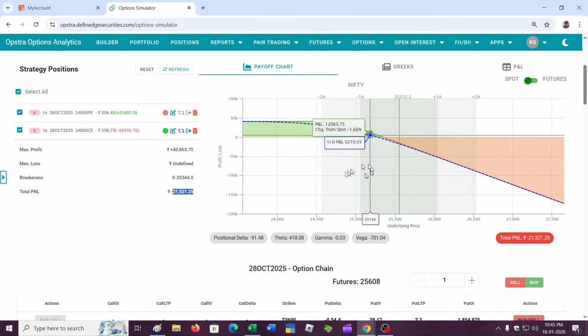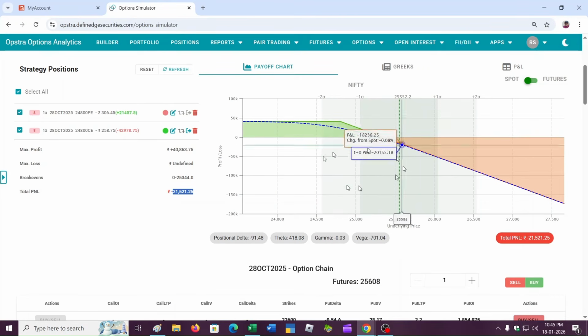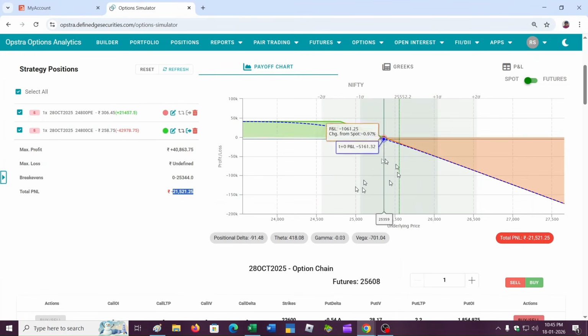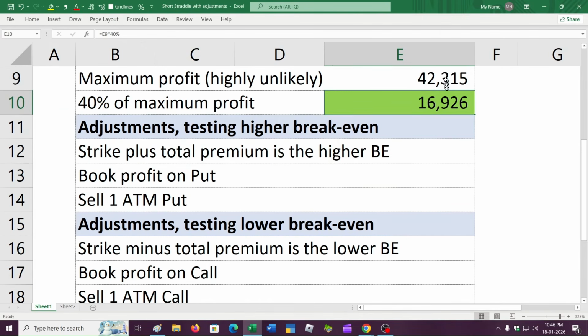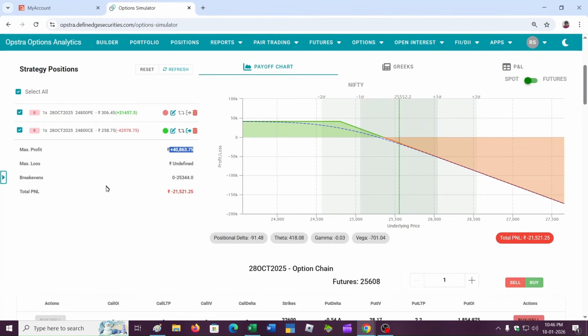But as we can see, after we close the put option, if Nifty goes down, we'll be making a profit of 40,863. That's the maximum profit that we can make. If it goes down beyond this, we don't know whether that's going to take place.